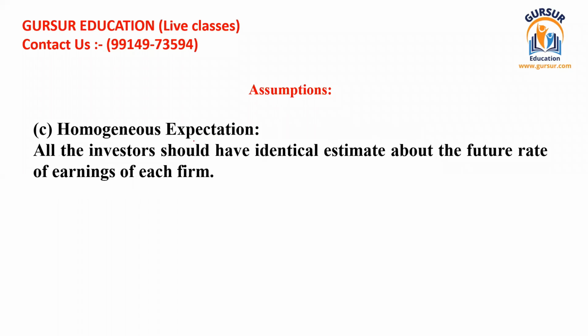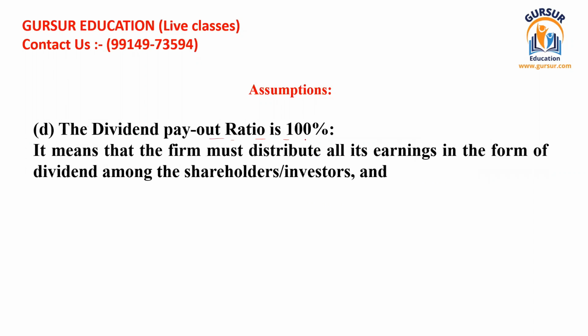The third is homogeneous expectation. All the investors have identical estimates about the future rate of return. The next is that the dividend payout ratio is 100%. The assumption of this theory is that whatever the company is earning, all these earnings are going to be distributed to its shareholders in the coming days.